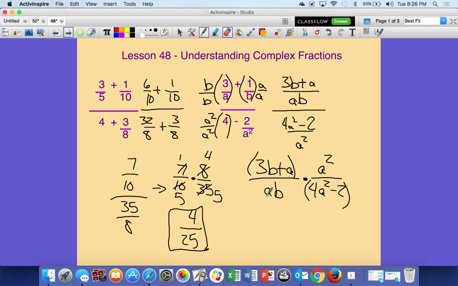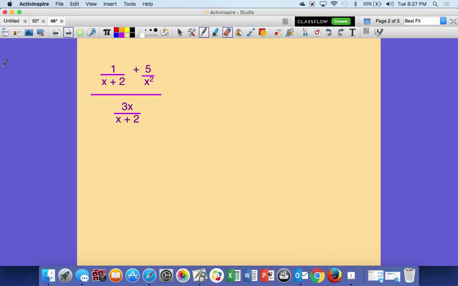But we do have this a that's being multiplied by this b, so we can cross off that a and one of these a's up here, and we are left with a times 3b plus a over b times 4a squared minus 2. You could multiply those through if you wanted to, but you don't have to, because it would be the exact same answer either way.